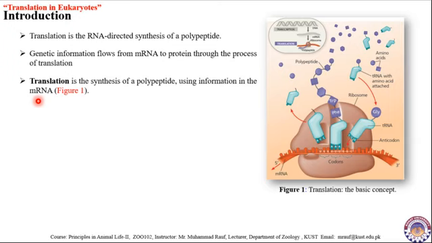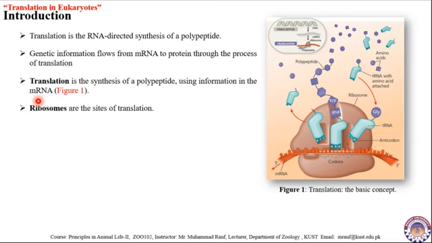Those triplets of bases are identified by the transfer RNAs, and when complementary bonding occurs between the triplet of bases on messenger RNA and the triplet of bases on the transfer RNA, then the amino acid is released, and the same process is repeated with subsequent triplets on the messenger RNA.